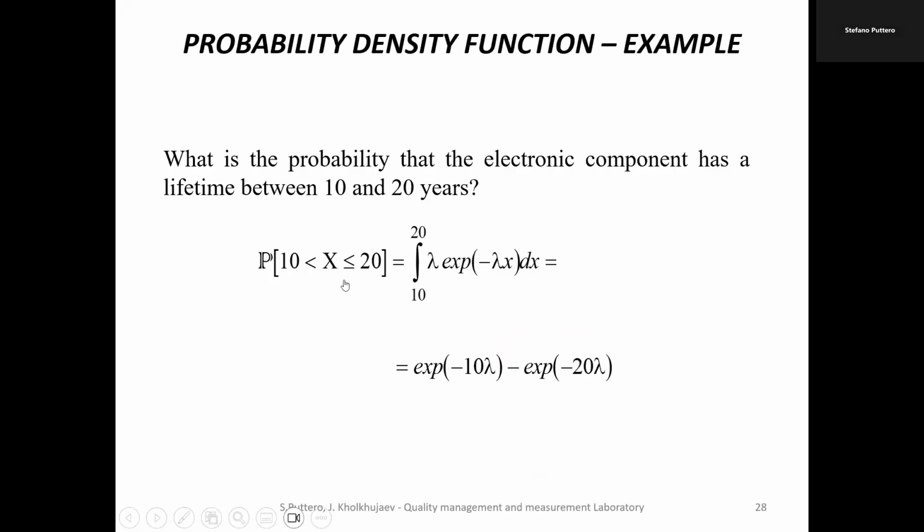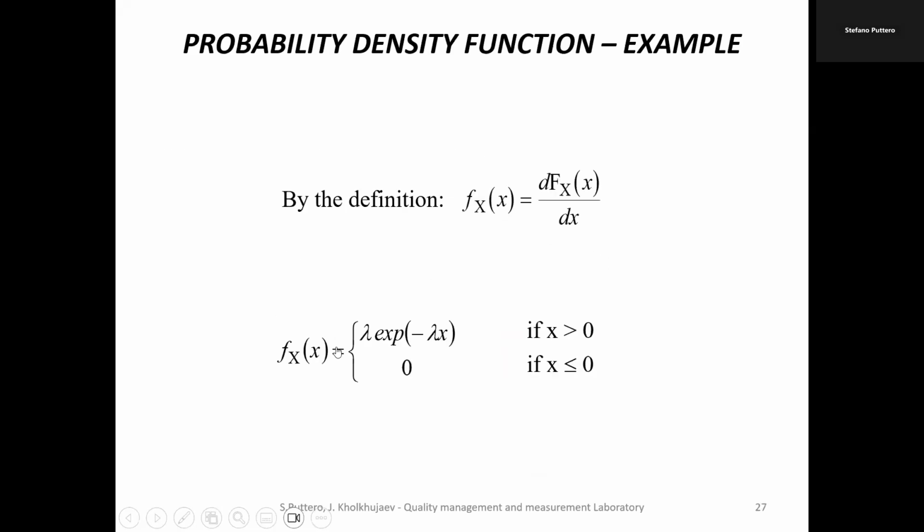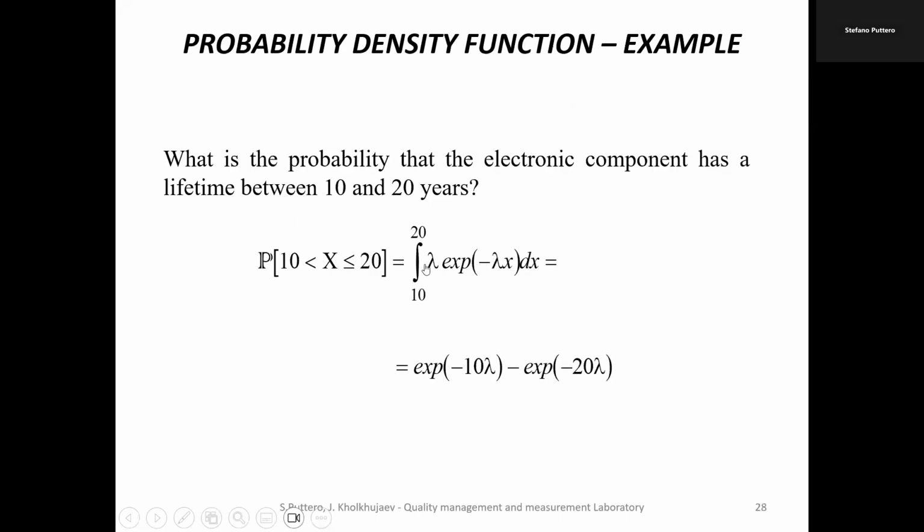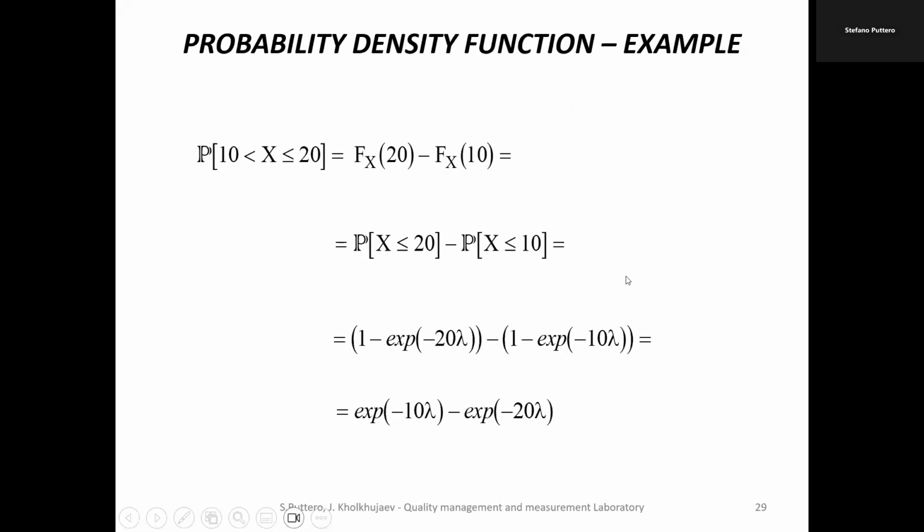So x is between 10 and 20. So we pass to the integral of our probability density function that, if we come back, is lambda exponential of minus lambda x. And so on, we can go on with the implementation, and we can find that again the solution is this one, the last row of slide 29.